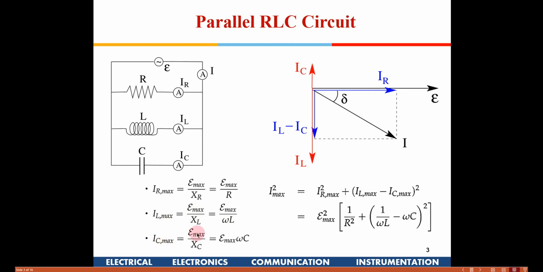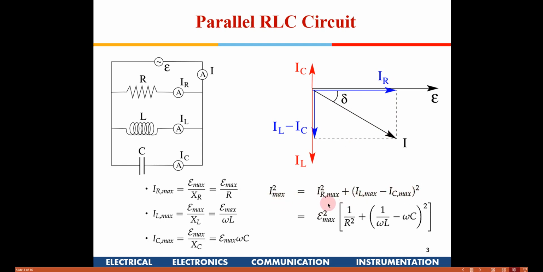Similarly, IC max is E max divided by XC, where XC is 1 by C omega, so that is why this comes into the numerator as omega C. Also, this is the vector sum of this and this, right? So you can apply Pythagoras theorem. I square max is equal to IR square plus the quantity IL minus IC max, squared. Because this is vector addition, this comes from the Pythagoras theorem.